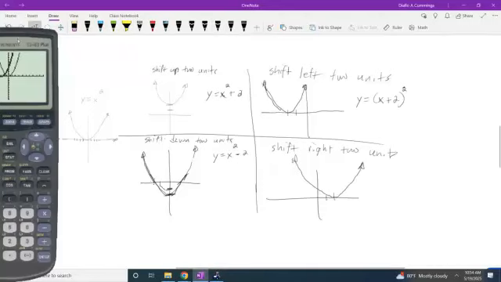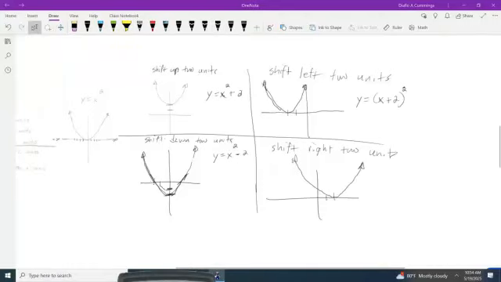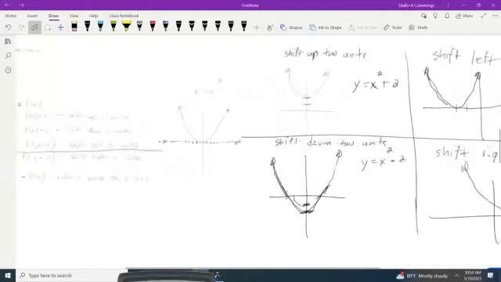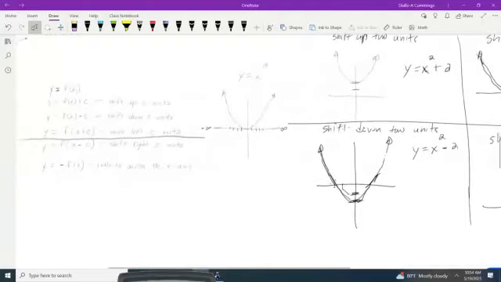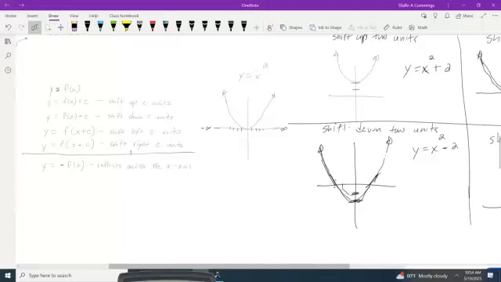And we're going to shift over to the right 2 units. So if you're going to shift to the right, then inside of your function, the value for c has to be negative.